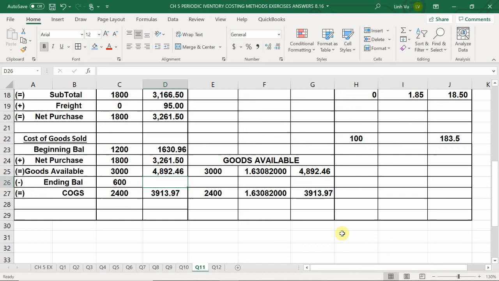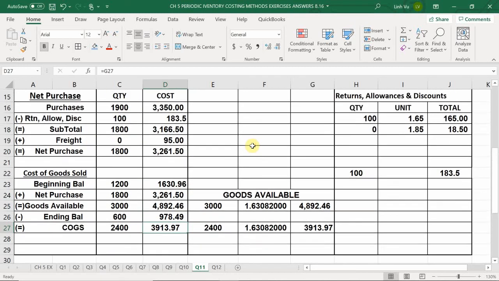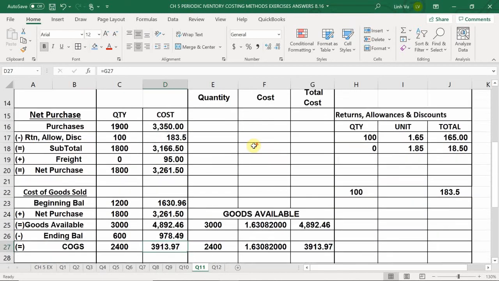Okay. So therefore, what should be my total ending inventory cost? $978.49. Excellent. 97849. Okay.